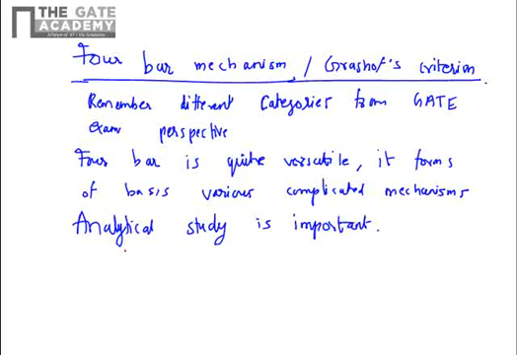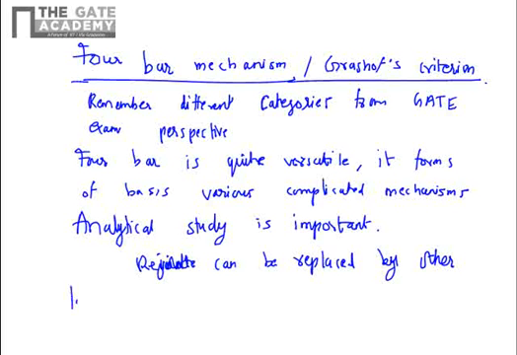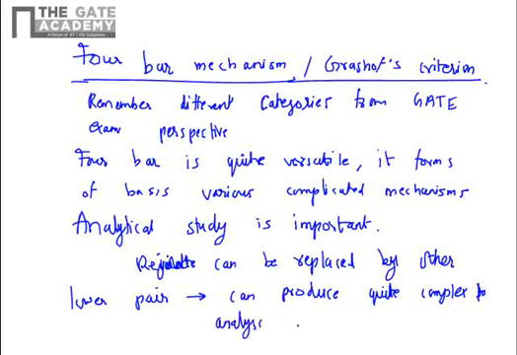As you will be seeing along the lecture, the revolute joints in the 4-bar mechanism can be replaced by other lower pairs and can produce quite complex to analyze mechanisms.